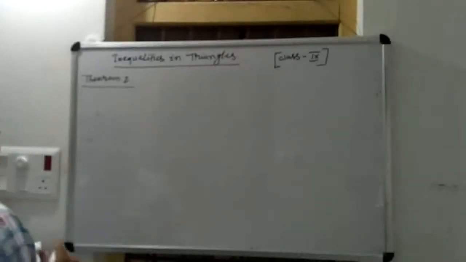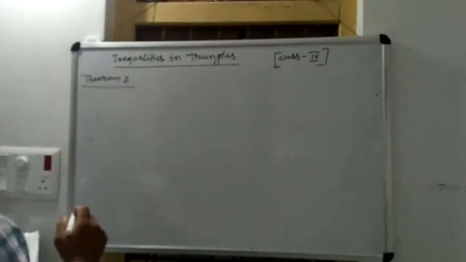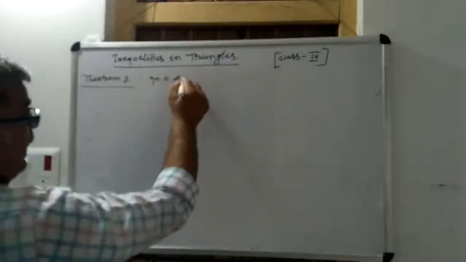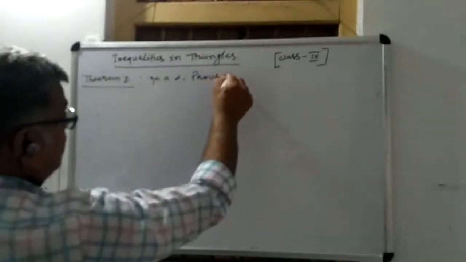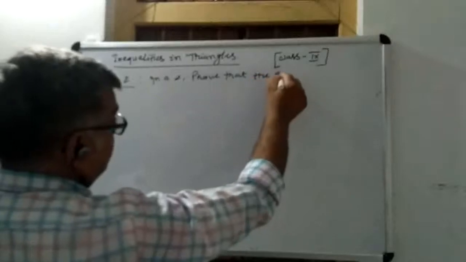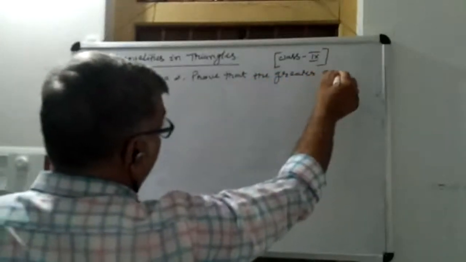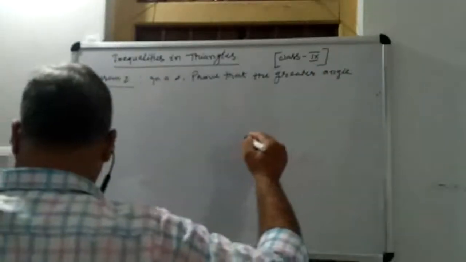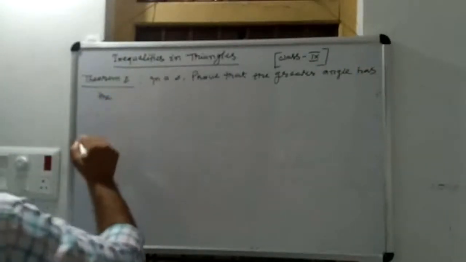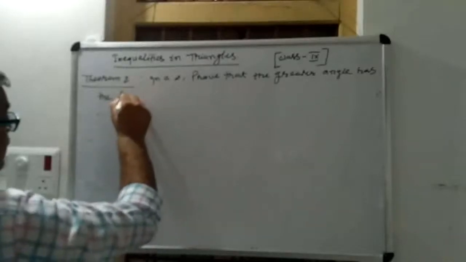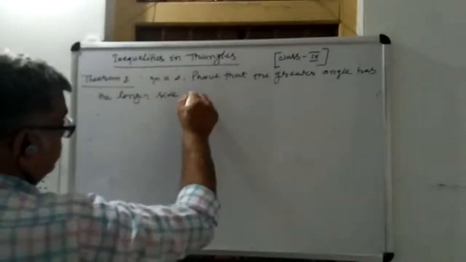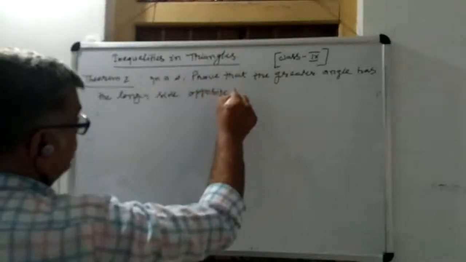What is this? In a triangle, prove that the greater angle has the longer side opposite to it.